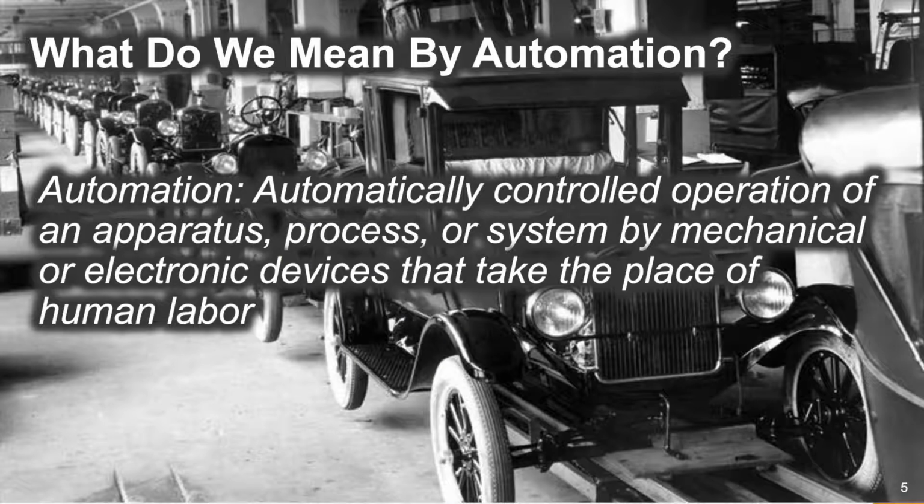So first, let's talk about what we mean by automation. It's a term that gets bandied about quite a bit. People throw it out there and use the word automation, but really, what is it? I took this definition off the web: automation is the automatically controlled operation of an apparatus, process, or system by mechanical or electronic devices that take the place of human labor. Let's focus on that last part.